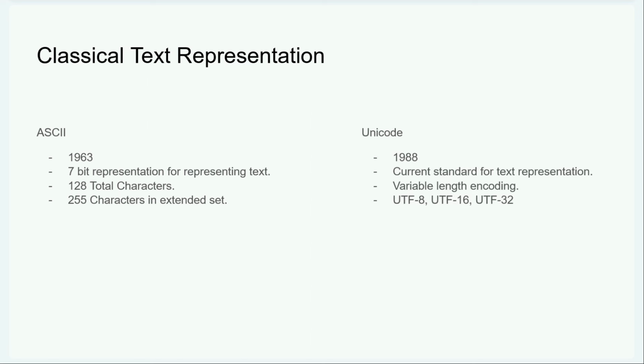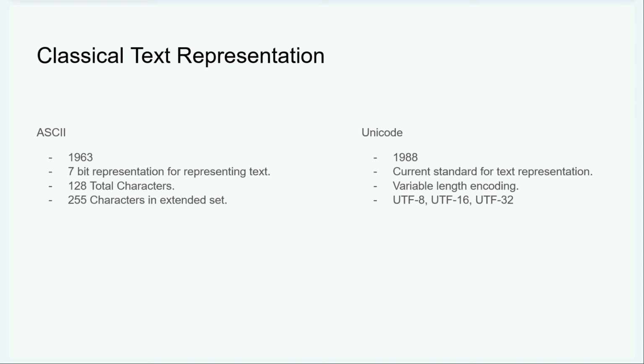Then as the need of computers grew, and English is not the only language in this world, people came up with a different standard for representing text, that was Unicode. Unicode came into being in the late 80s. 1988 is one year that people can agree upon. This is the current standard for text representation.